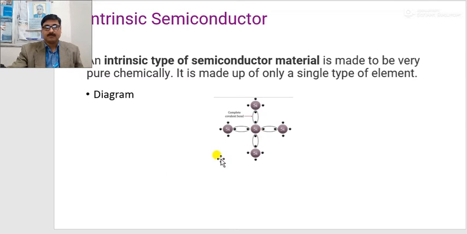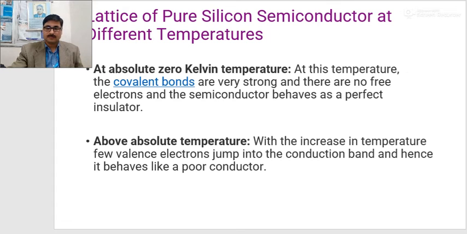In the given diagram, the intrinsic semiconductor is shown clearly, that is, there are no impurities in it. Similarly, at absolute temperature, the covalent bonds of the semiconductor behave normally.